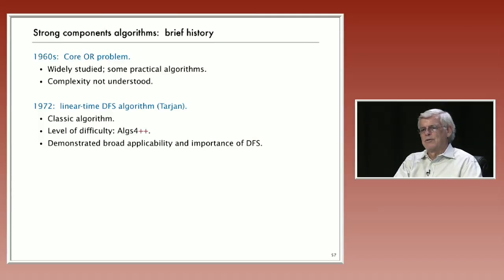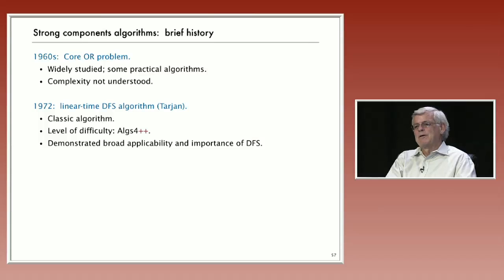That algorithm had a couple of other data structures, and a diligent student in this class could understand it with quite a bit of work. But it really demonstrated the importance of depth-first search in graph processing.